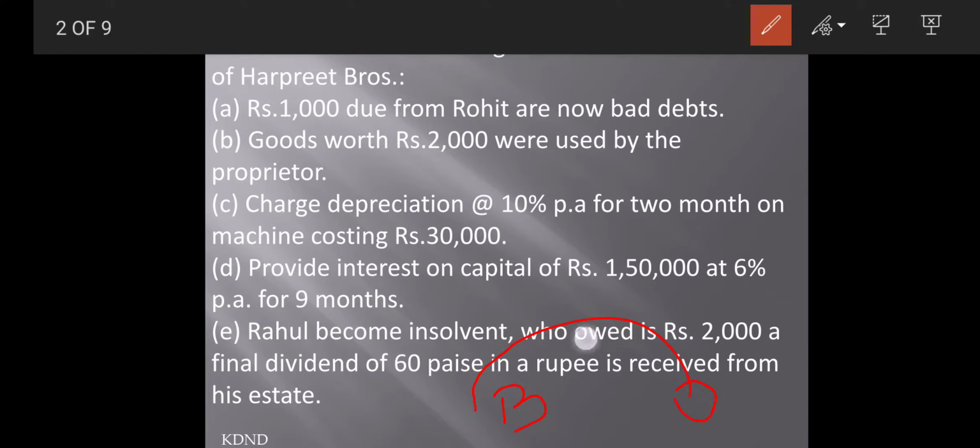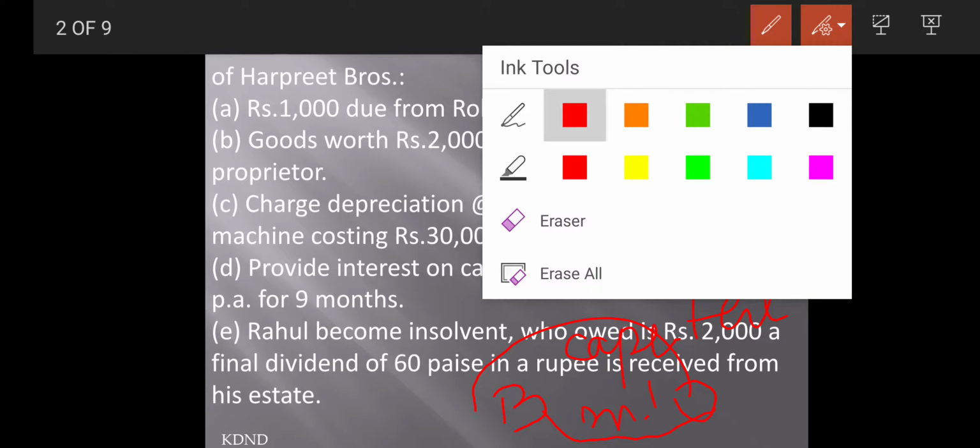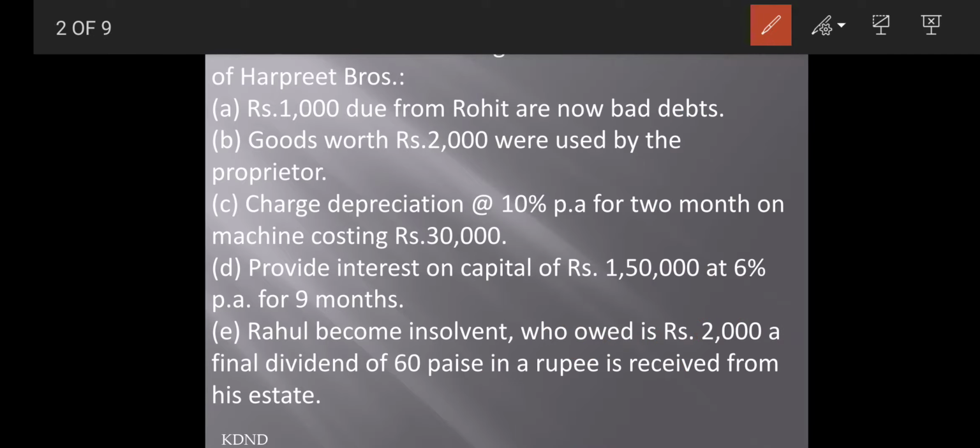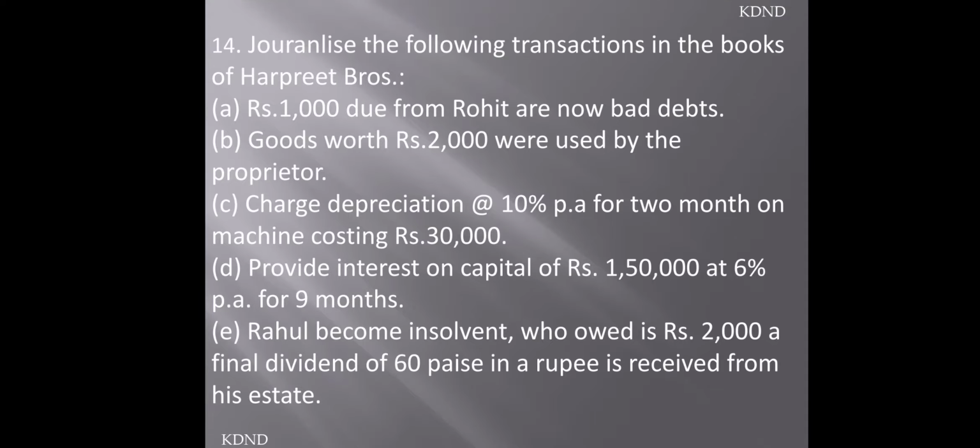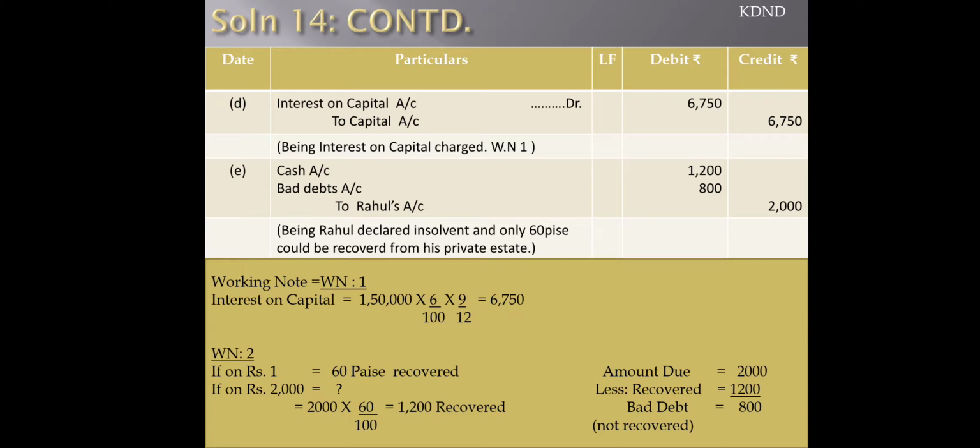That is in the form of capital. Now the business is paying interest on that, so it is interest on capital. So here interest on capital is an expense, while the person himself is the receiver, so they are termed as capital. So you can see interest on capital account debit to capital account.